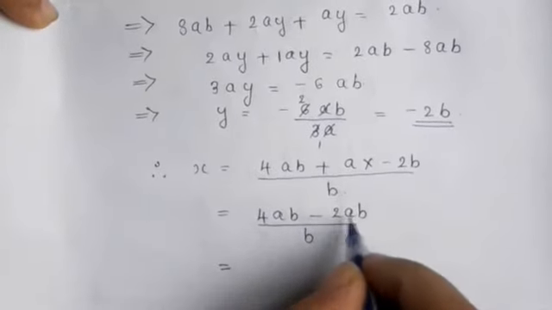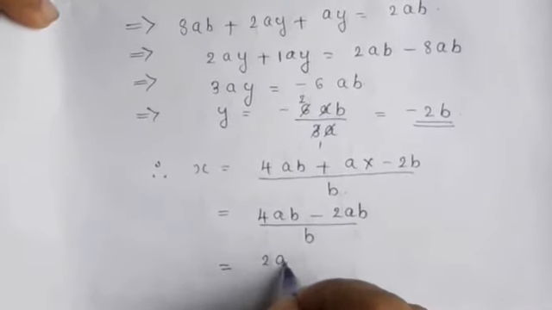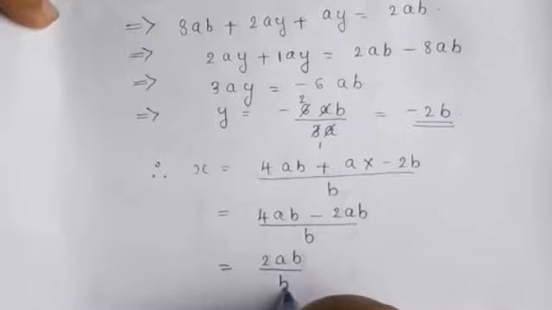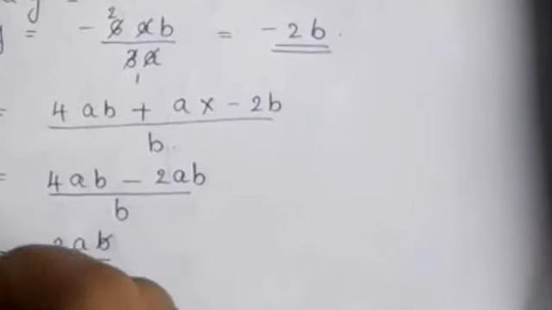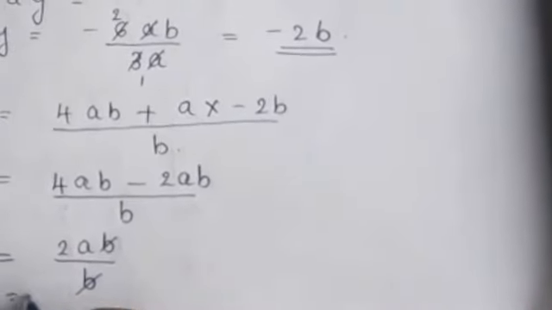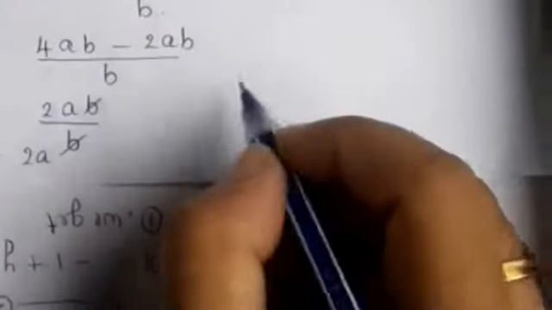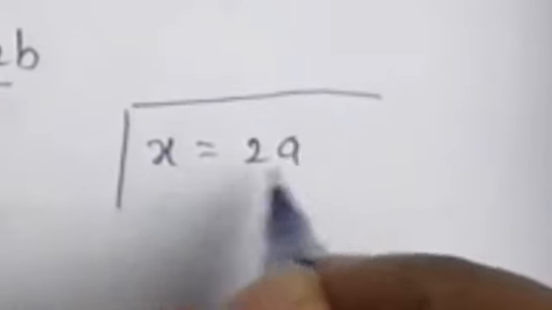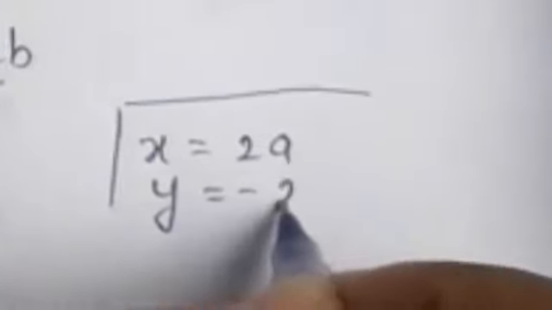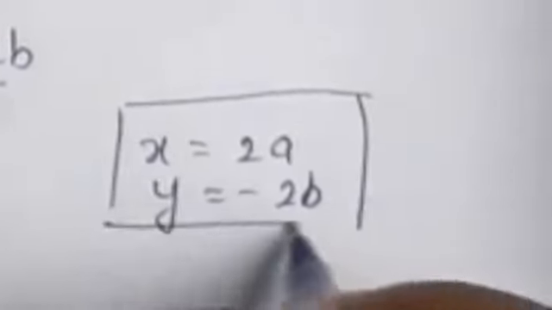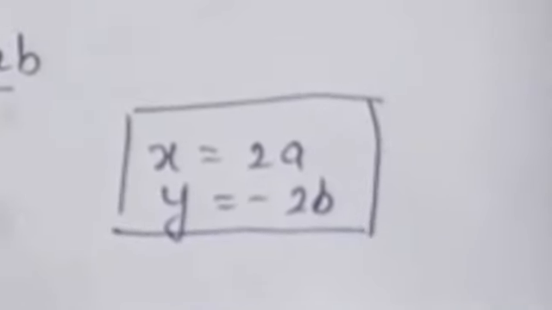So you will get 4ab minus 2ab, that is 2ab divided by b. So b we can cancel. So that is 2a. So what is the final answer? x is equal to 2a and y is equal to minus 2b. Okay. Thank you.